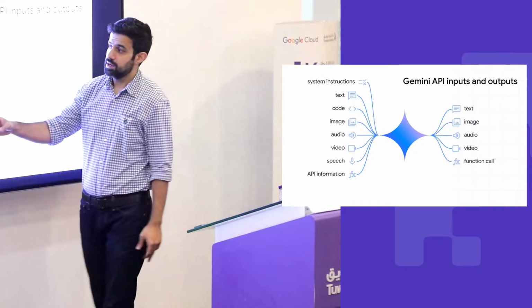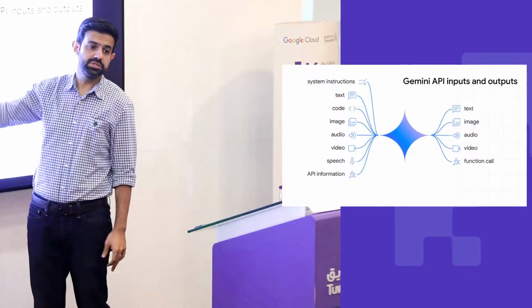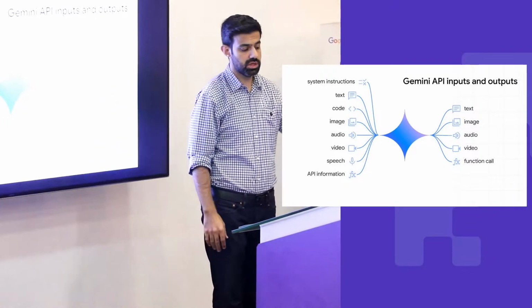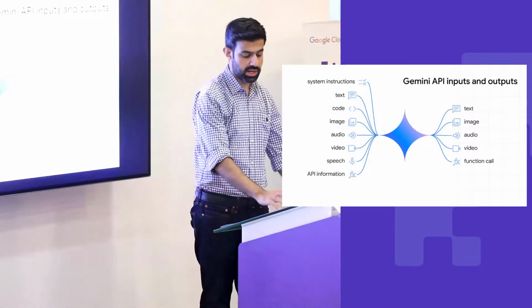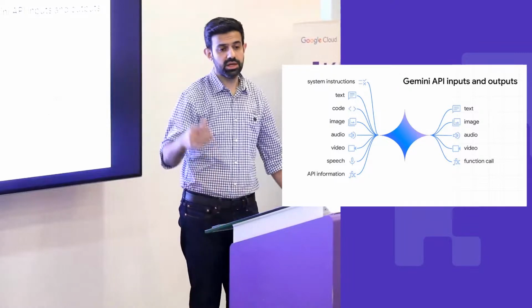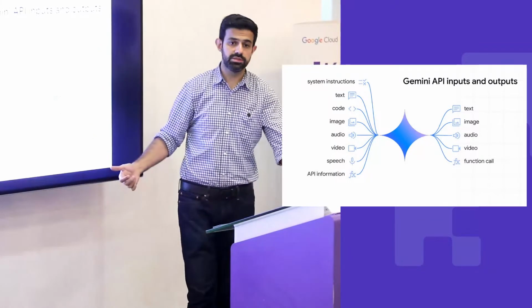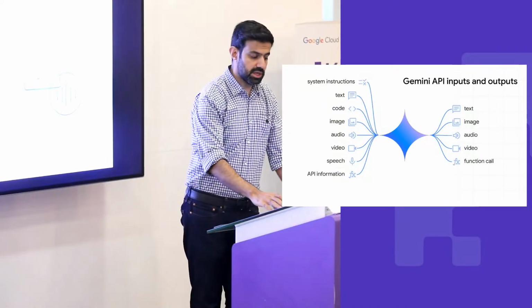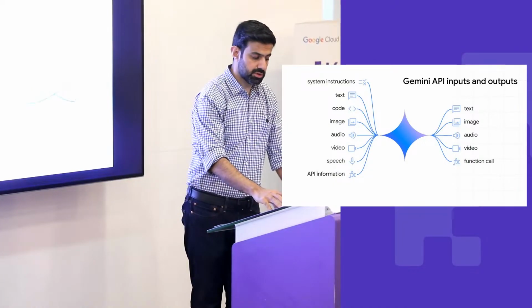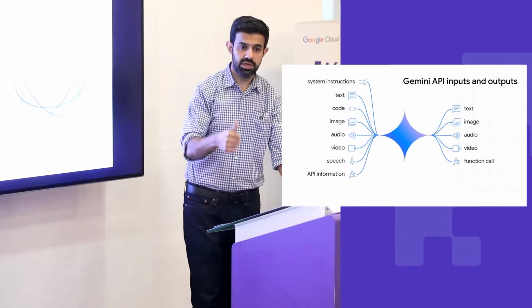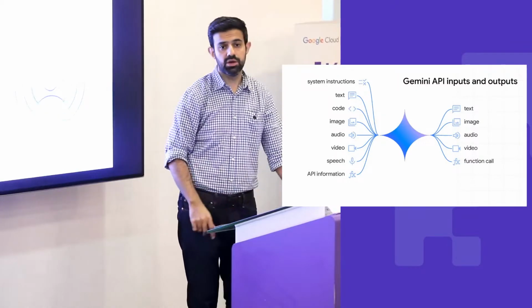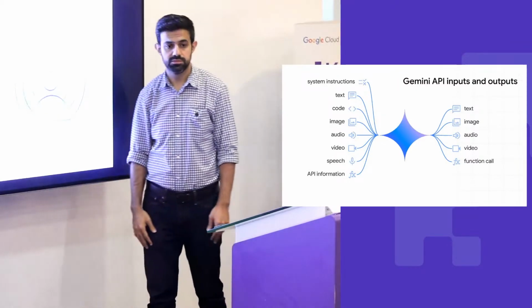Gemini can take as input simple instructions, text, code, images, videos, and can give you output in any of these formats. Not only this, Gemini can also do media generation, images, video generation, and it can also do live interaction.